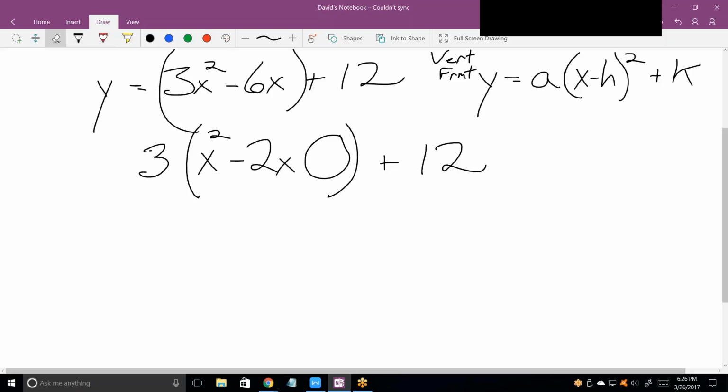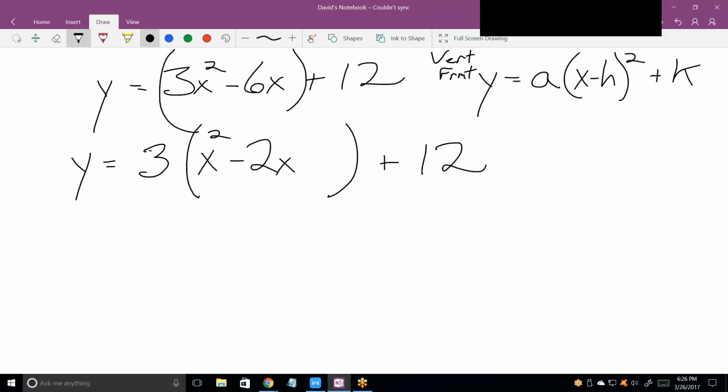Now, the thing to always pay attention to whenever you're completing the square is that when you go from row to row, you do not change anything. I'm not attempting to change this equation. I'm merely attempting to manipulate it so that I get closer and closer to this format over here. And the way you do that is by completing the square.